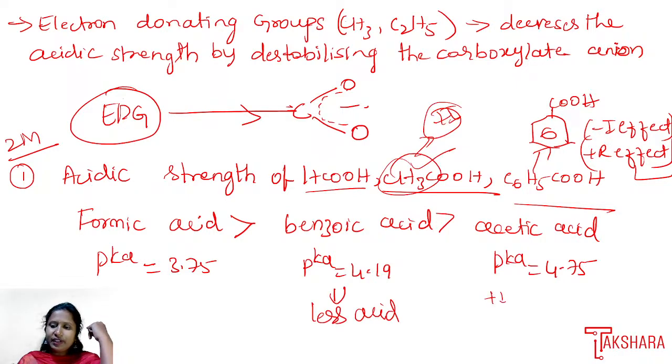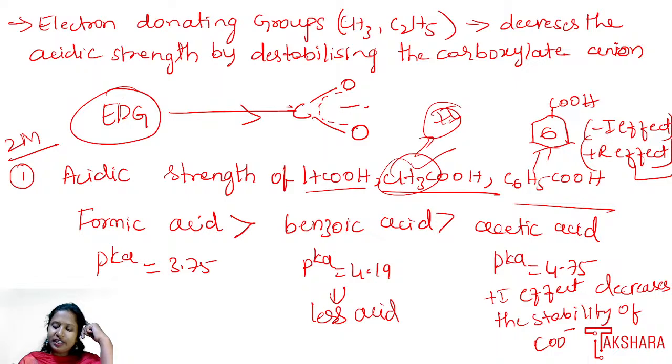So the plus I effect decreases the stability. Plus I effect decreases the stability of carboxylate ion.